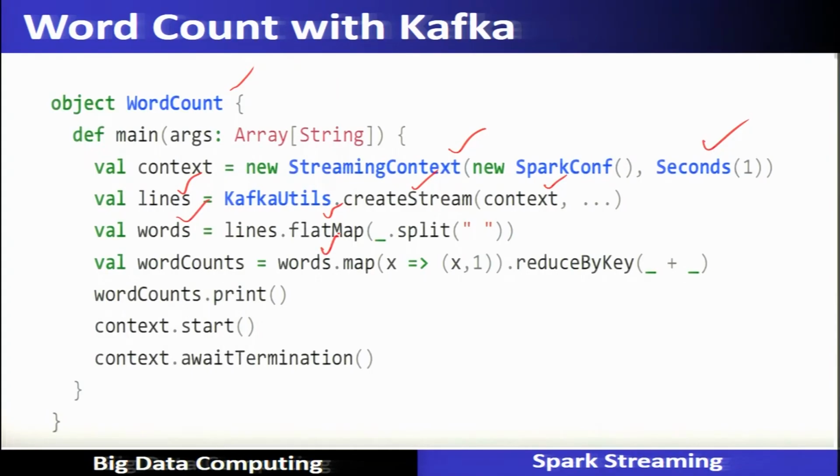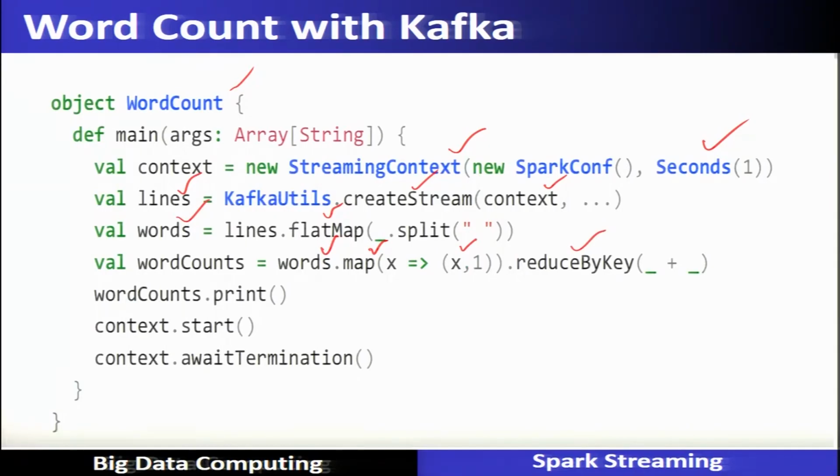This word will now be applied on a map function. The map function is doing the transformation on all the words received by the Kafka live stream, and for every word it will emit the word and a value 1, which in turn is taken by reduceByKey.